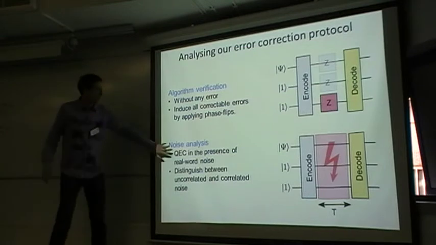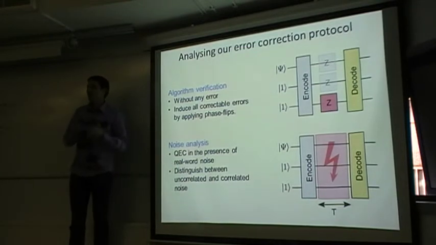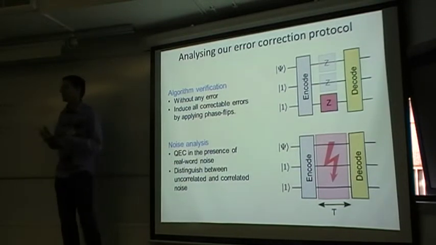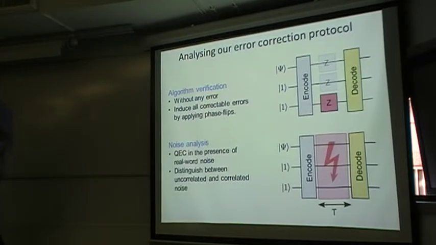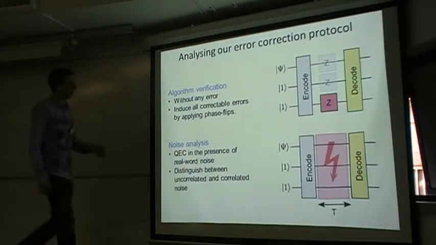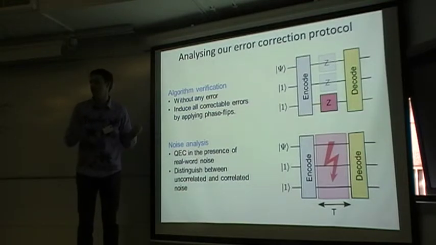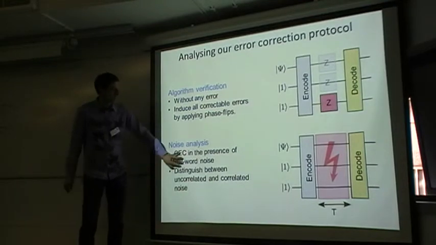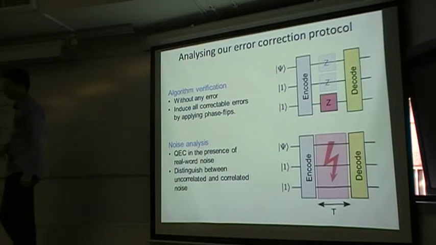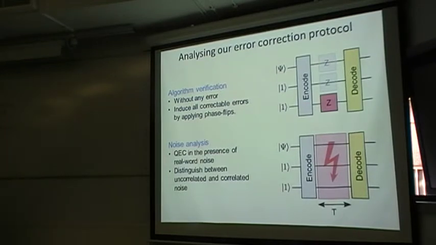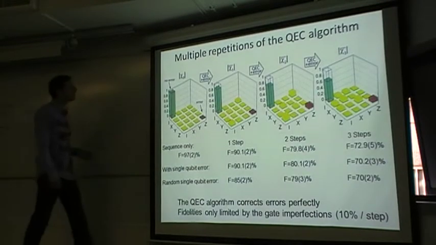Of course, then what we also want to do is use this error correction protocol actually for something useful. So for noise that is affecting all of these ions at the same time. For example, the noise that we have is dephasing. Does it correct for that or not? But as we said before, there's some special dephasing. There's uncorrelated noise and correlated noise for these ions. And we probably also need to distinguish that. So we did that.